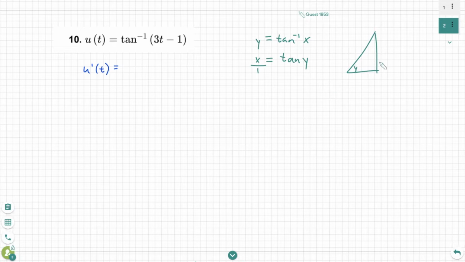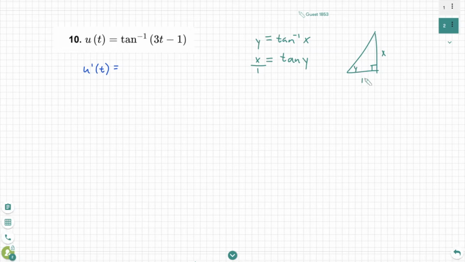So how would you label the sides in this triangle? Would x be the opposite side of y? Yeah, x is opposite, and what sides go with tangent? Opposite over adjacent. So our adjacent would be 1.